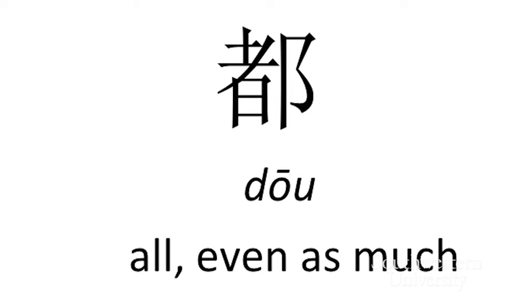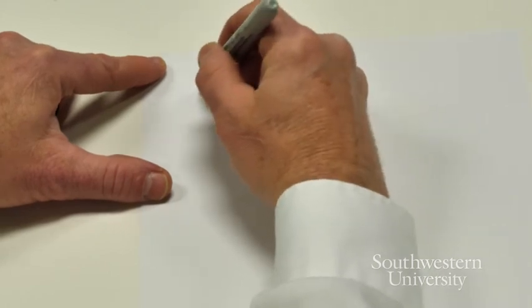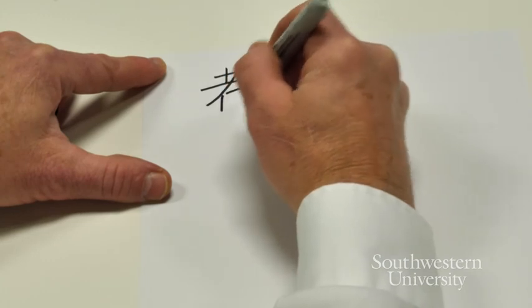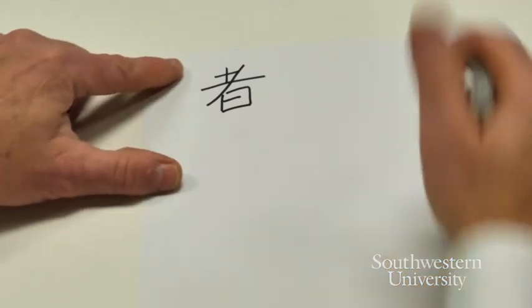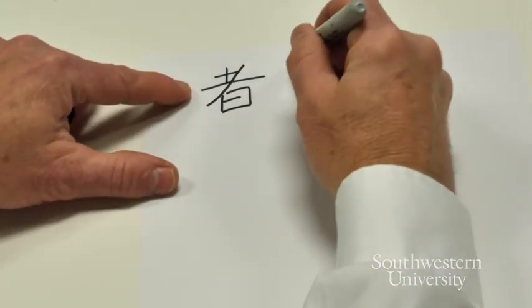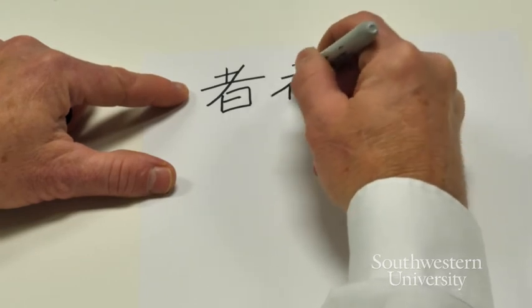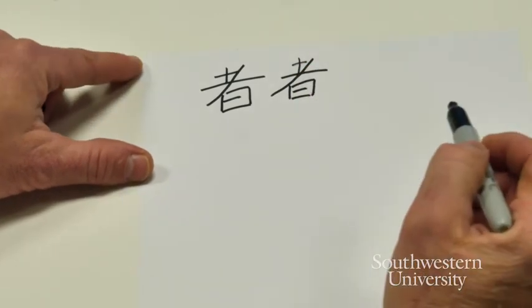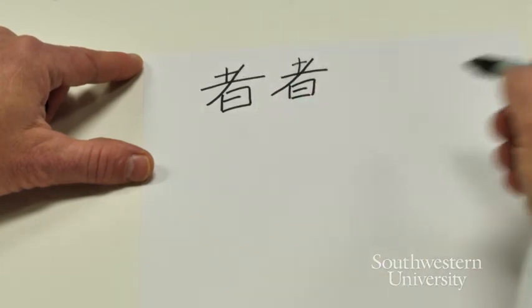The next character, do, has two components. This left-hand side, jut, means person, one who does something. So you have what we've seen in Lao. We've got earth on top, something being conveyed downward, and sunlight. I actually don't know the origin of that component, but you've got the sun, the earth, and something being conveyed.